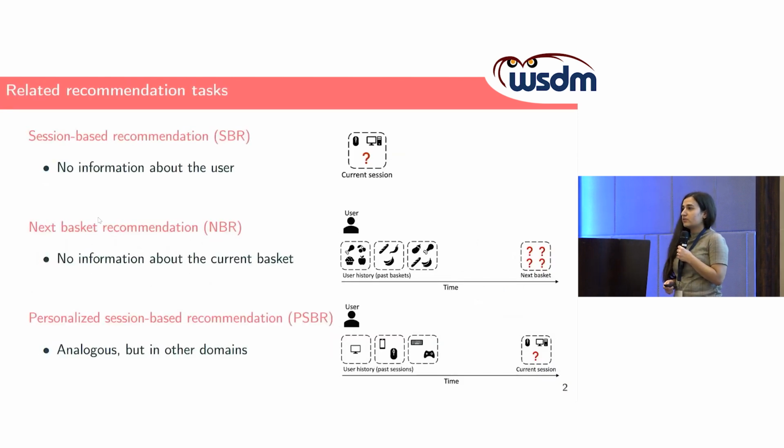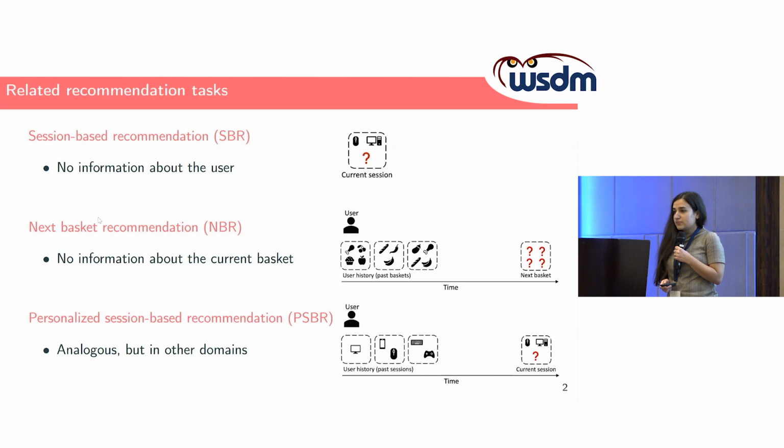This task is related to more widely studied, more popular recommendation tasks such as session-based recommendation. The difference is that there it's usually assumed that we don't have any information about the user's past sessions, so there's only an ongoing session that the recommender needs to recommend items for.